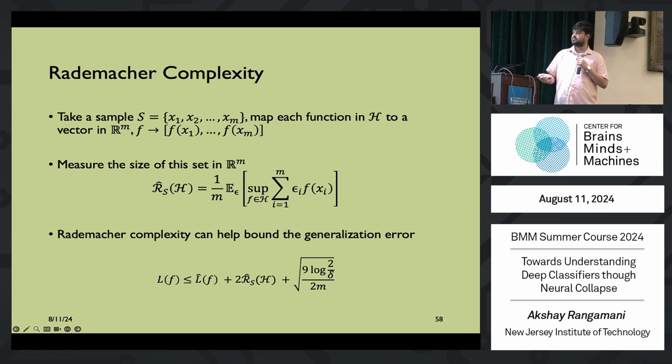And there's a standard result that shows you how you can bound your generalization gap with the Rademacher complexity. So this is the tool that we're going to use. We're going to try to measure the generalization gap using Rademacher complexity.